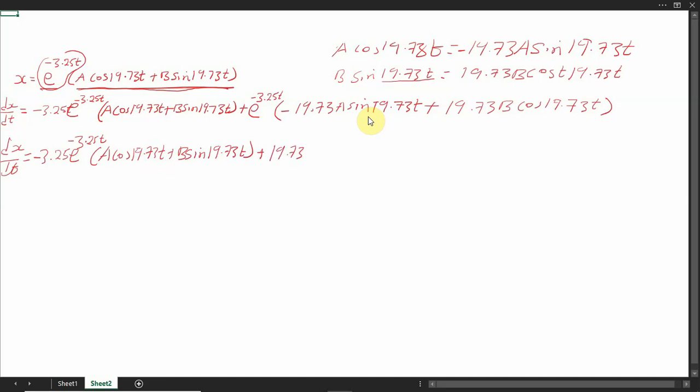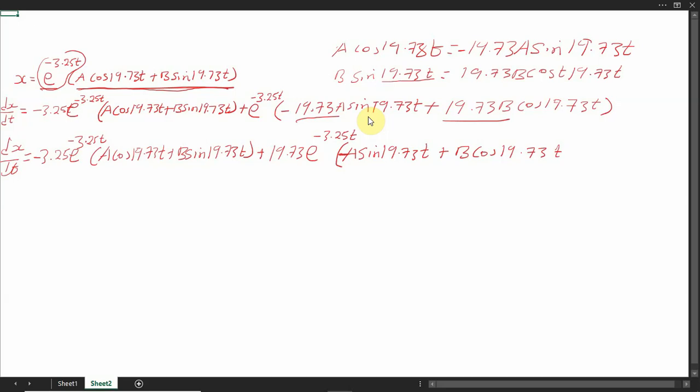You can factor it out, multiplying by e raised to negative 3.25t in the bracket of a sine 19.73t plus b cos 19.73t. Once you factor this out, of course here should be negative.